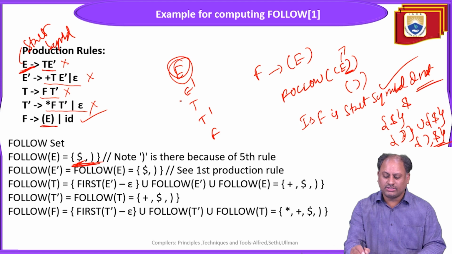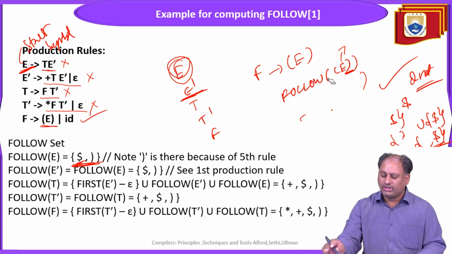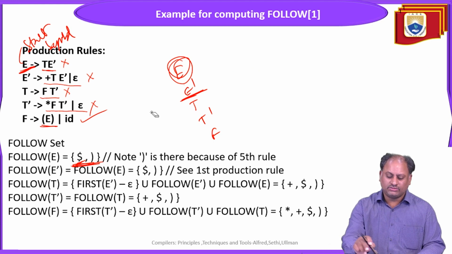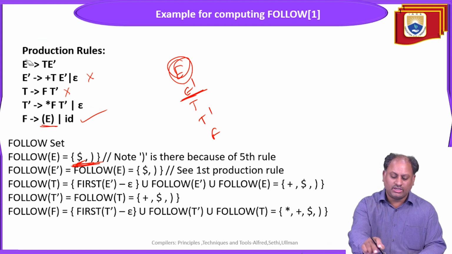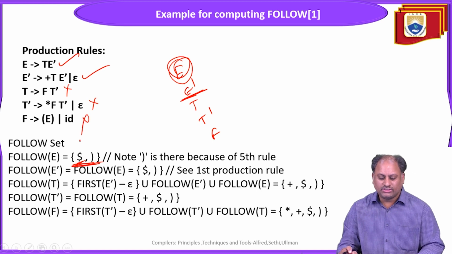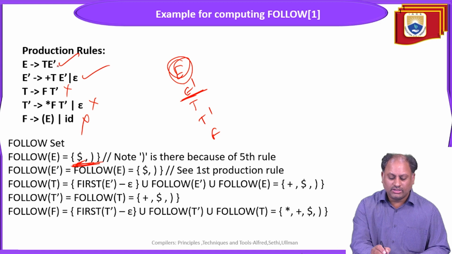And the second computation, follow of E dash. Verify where this E dash appears on the right hand side of the productions. So E dash appears here, appears here, and does not appear here. Since E dash appears, we have to verify the computation.